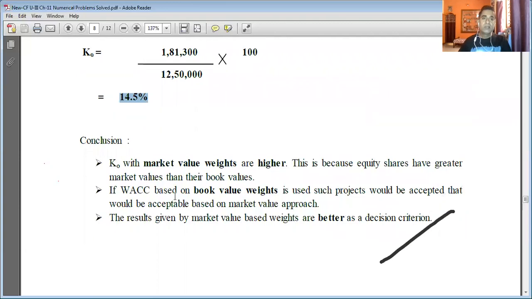Then, what do we need to learn? KO, or the weighted average cost of capital, with market value weights is higher.